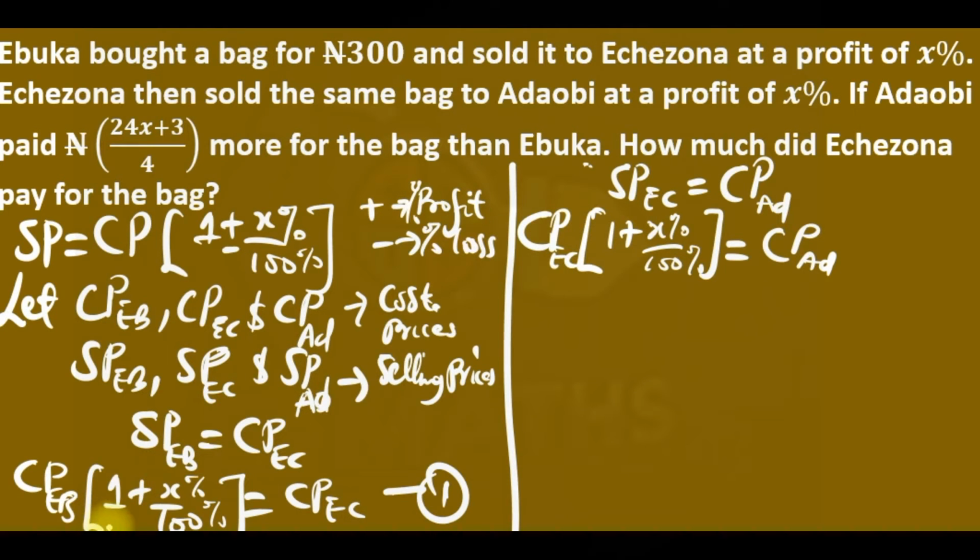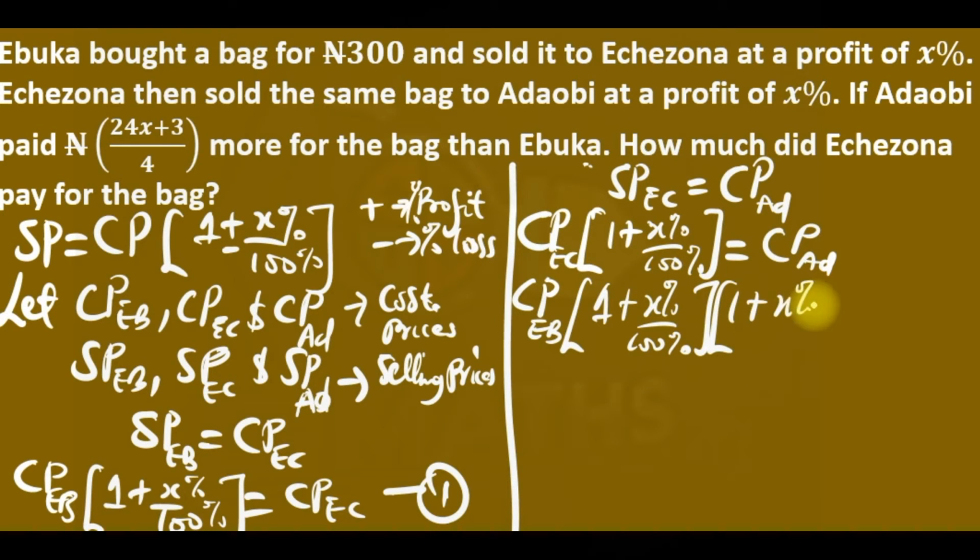Looking at equation 1, I can replace this with this. From equation 1, we replace CP Echezona with CP Ebuka times (1 plus x%) over 100. So it is CP Ebuka times (1 plus x over 100) times (1 plus x over 100) equals CP Adobe.